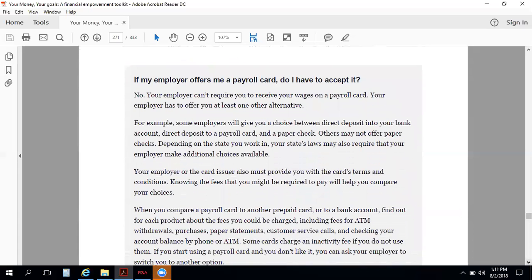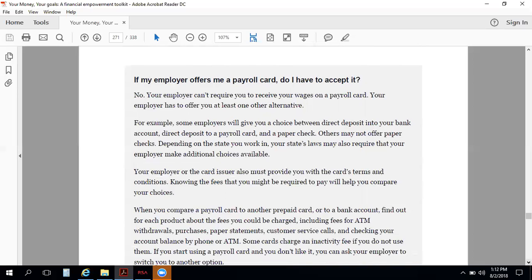For example, of weighing an option between two services, the CFPB gives you the example of a payroll card. If a client's working for a company that does payroll via a payroll card, should the client do that versus direct deposit?